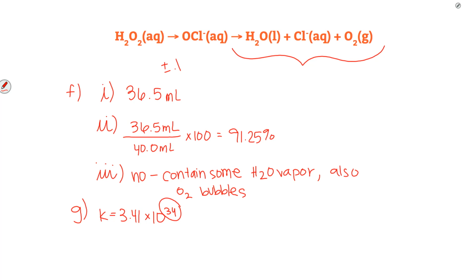There is not going to be any of the reactants left because it's so huge. So what we're looking for in part G is that we're going to disagree because that high K value means that it's almost all product at equilibrium. So there's a really small chance that it reached equilibrium before all of that H2O2 was used up. For sure not 9% left.